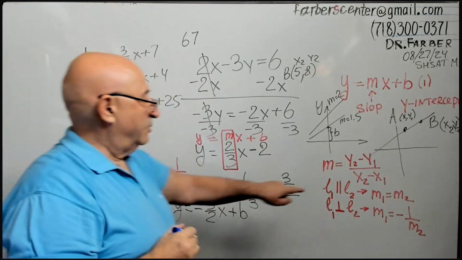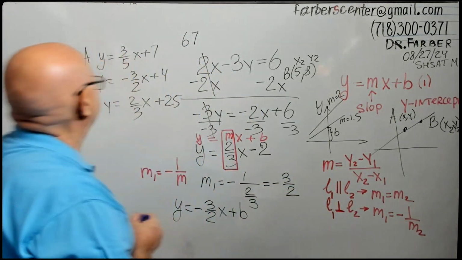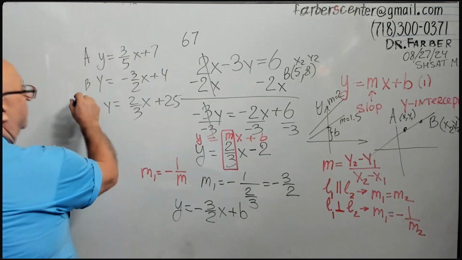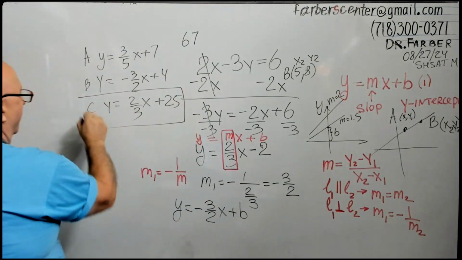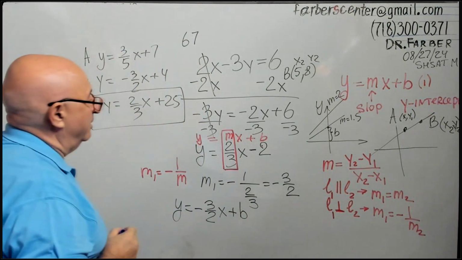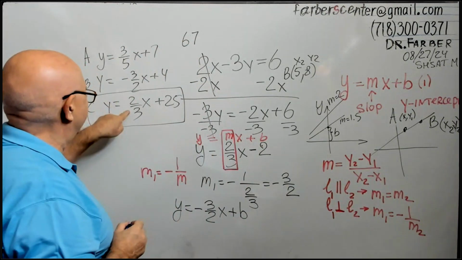Based on this property, this is definitely this line. Why? Because in order to be parallel, the slope must be the same.